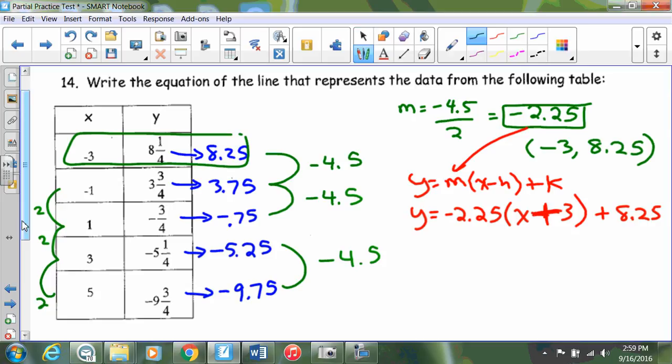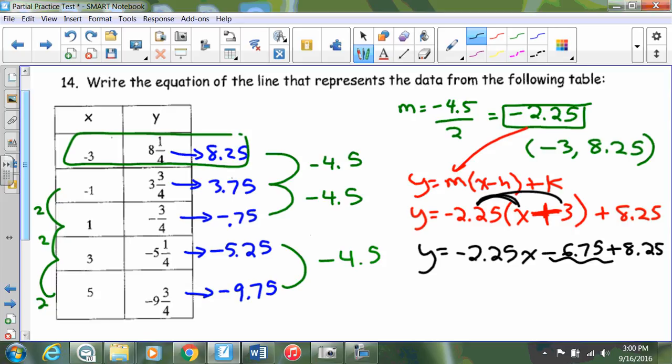So when I distribute, I've got y equals negative 2.25 times x is negative 2.25x. Then negative 2.25 times 3. I'm going to use my calculator. Let's see, 2.25 times 3. So it's going to give me a negative 6.75. And we're adding that to 8.25. So we're almost done.